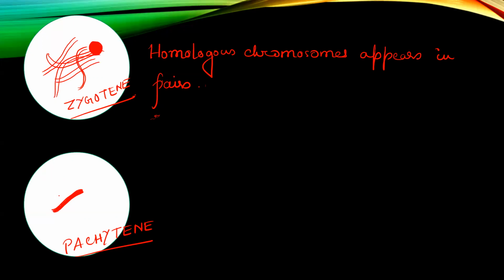Homologous chromosomes appear to remain coiled with each other. These are thicker, these are shorter, and they remain coiled with each other.